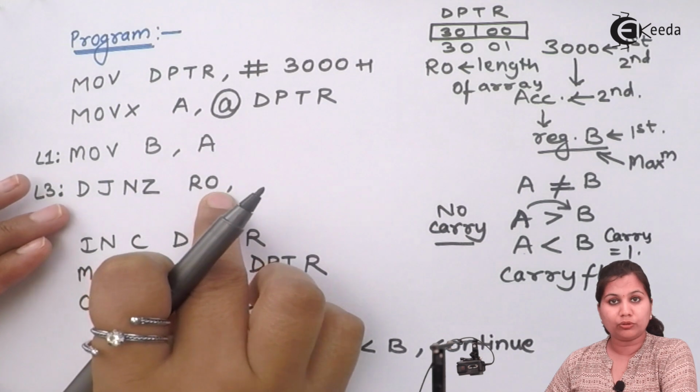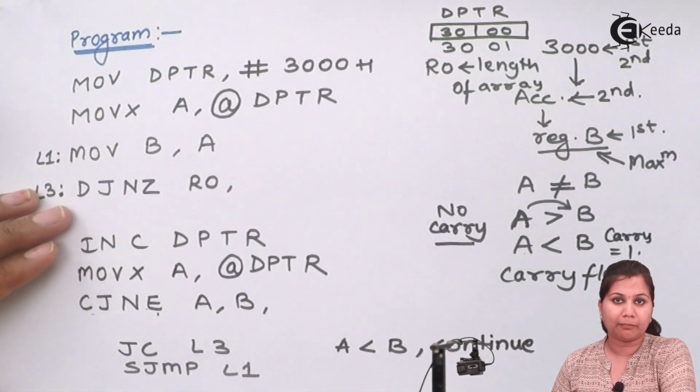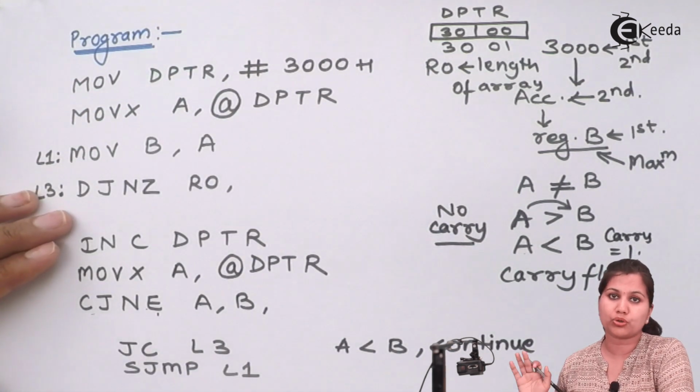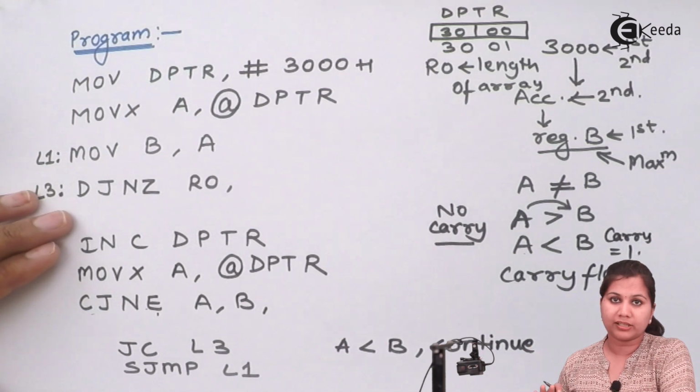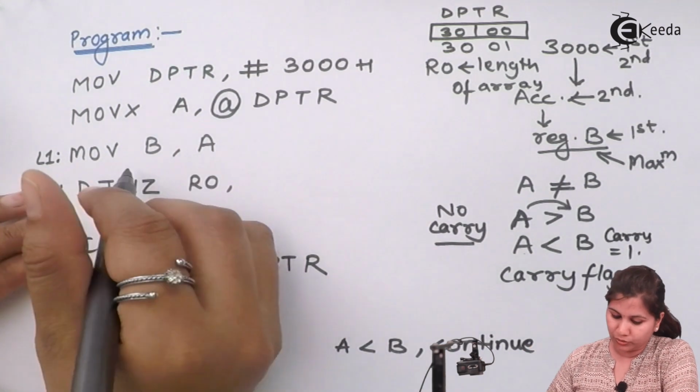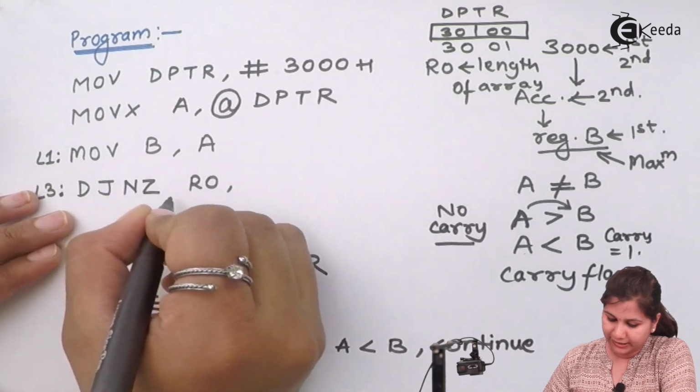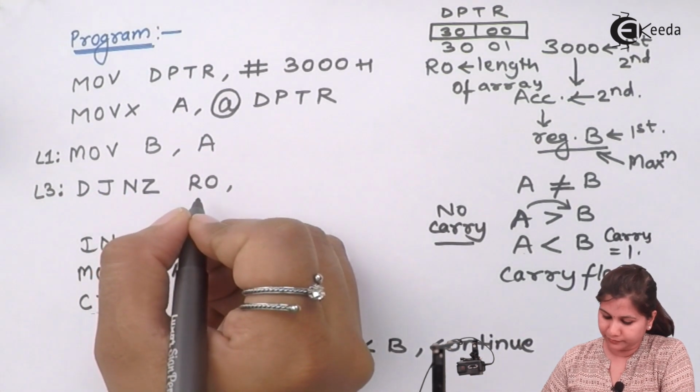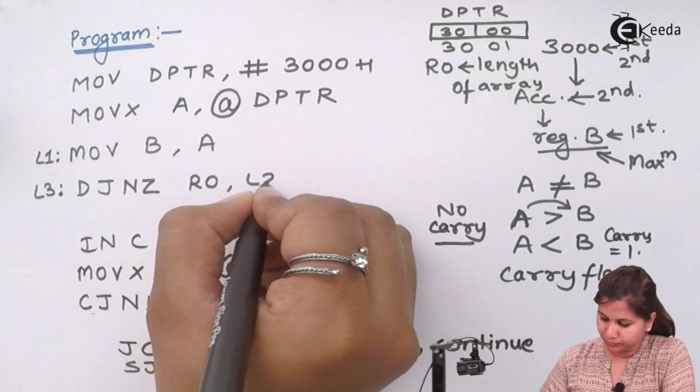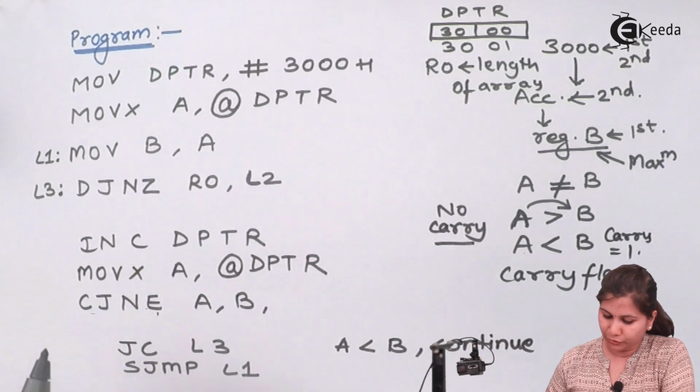Then in register B we have our maximum number. We just want to store that we have got the result in register A. So DJNZ R0, L2. And where is L2 being written?